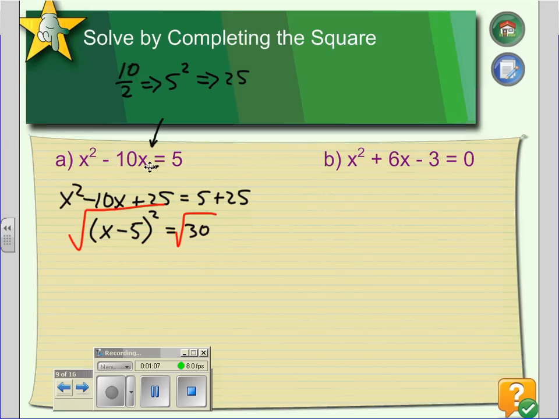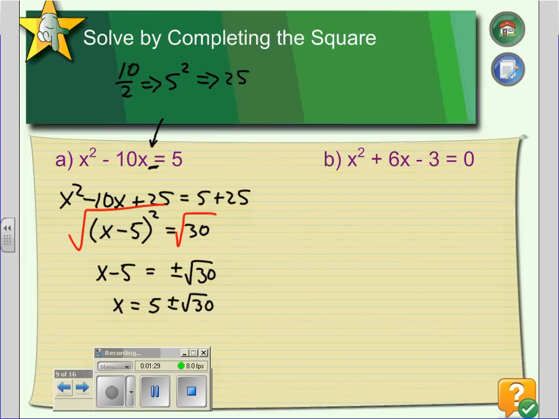And remember, when you take a square root, you get two answers. Since the square root of 30 is not a whole number, we'll just write it as plus or minus square root of 30. And then we add 5 to each side. When we add 5, the 5 is positive, and there's our solution.